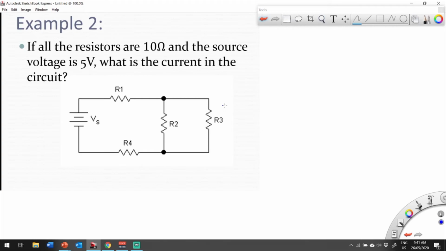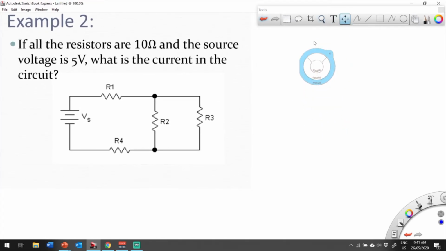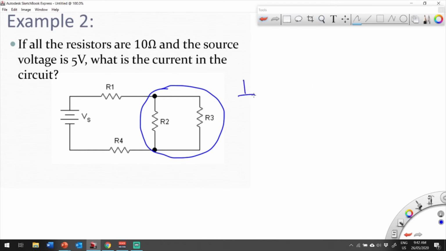Alright, so what we're going to do is the same thing we did in the previous problem, where we will take the resistors that are in parallel and treat them as a pair of parallel resistors, and we'll take the resistors in series and treat them as a pair of resistors in series. For example, let's start with these two. These two resistors are in parallel, so we can calculate their equivalent resistance.